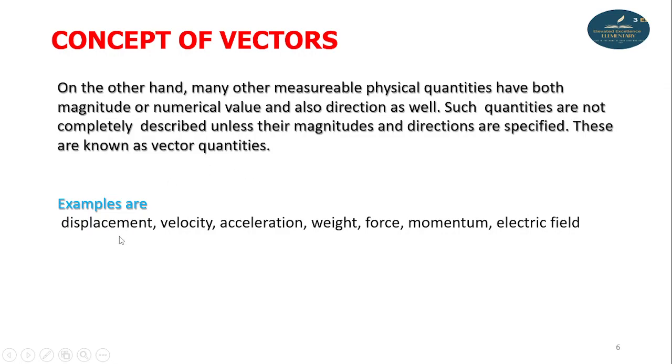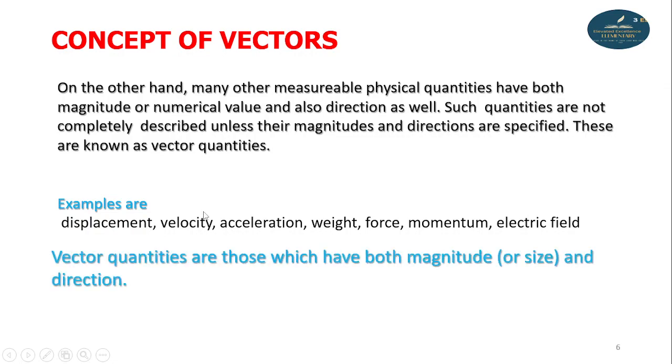Examples are displacement, velocity, acceleration, weight, force, momentum, and electric field. We have lots of examples, and this is a few of them. Vector quantities are those which have both magnitude and direction.